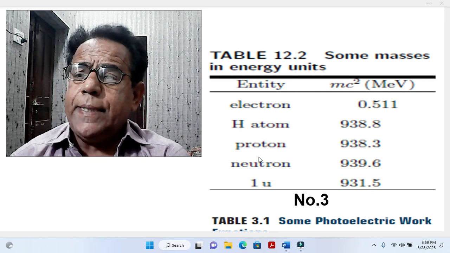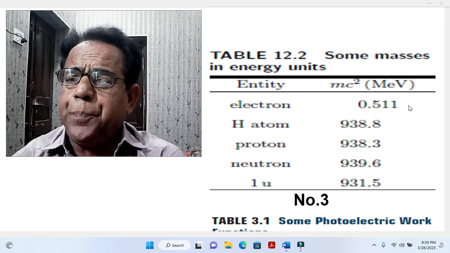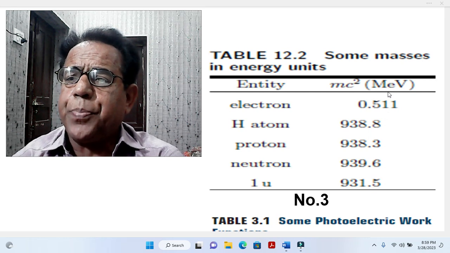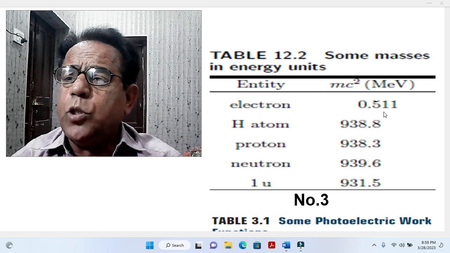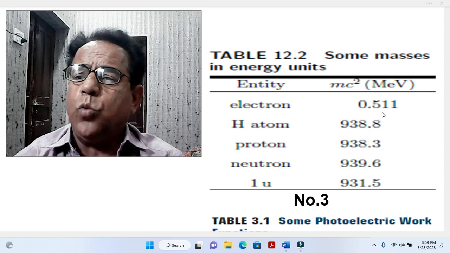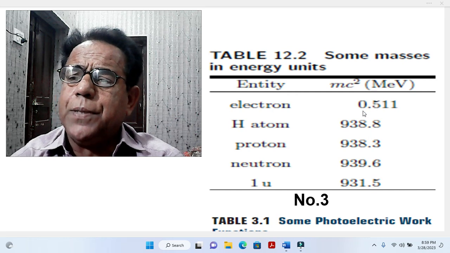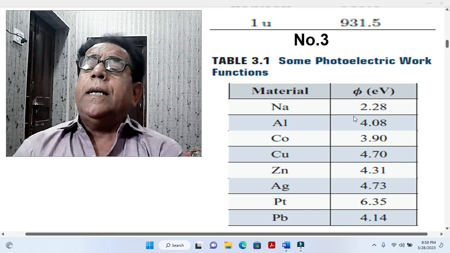Dear students, from this table we will take this value, 0.511 million electron volt. Some masses in energy units. In place of mc square we will take 511,000 electron volt, or we can also take it in million electron volt.